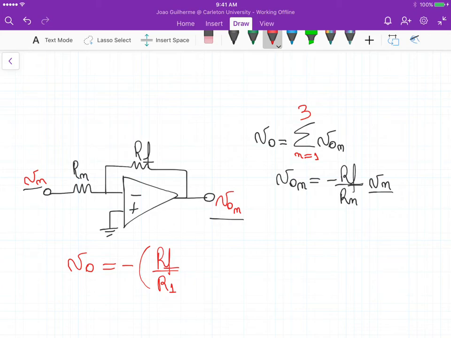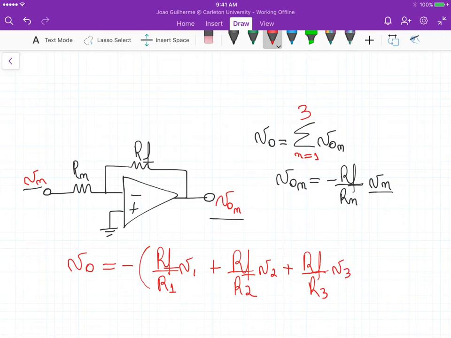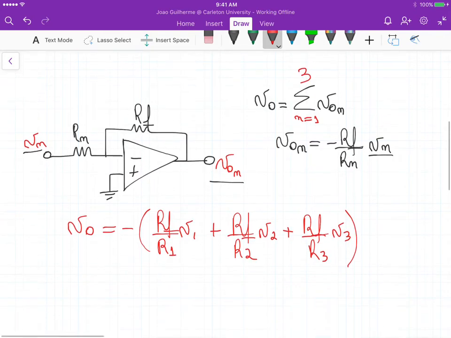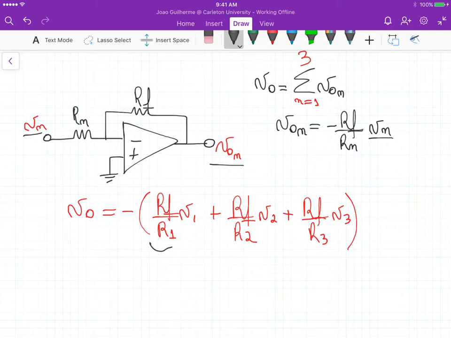So RF over R1 V1, plus RF over R2 V2, plus RF over R3 V3, right? And we want those factors, this one here to be equal to 2, this factor here equal to 4, and this one here equal to 8, right?